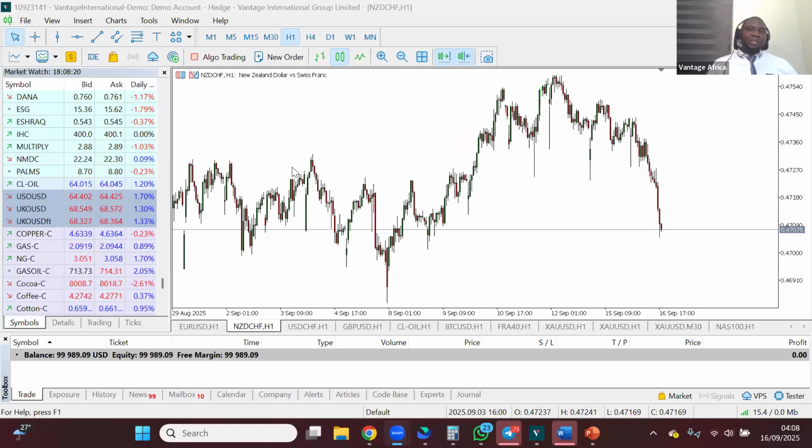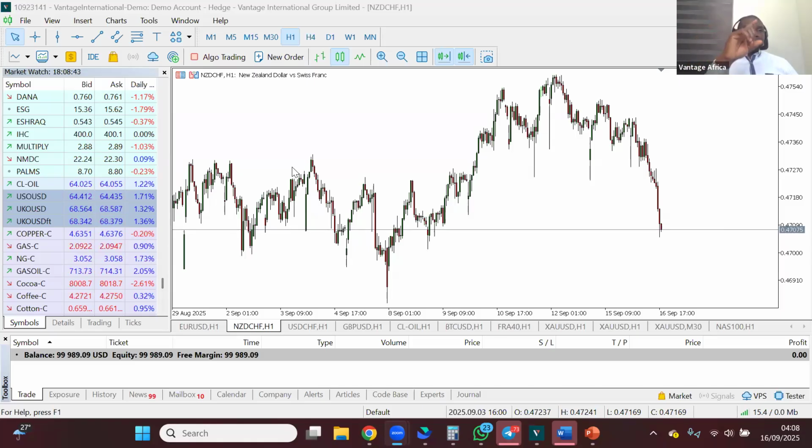Typically, when you want to see the market very clearly, you use a higher time frame first. It doesn't mean you have to trade off of a higher time frame. It just means that you need to use it to see the market. Time frames are very, very important.